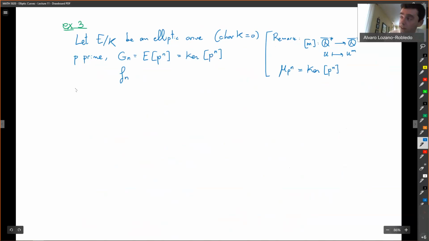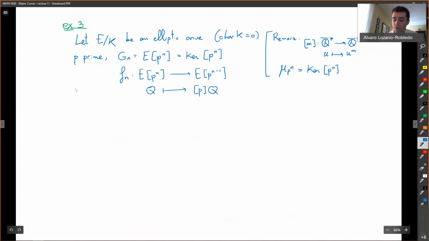So my subgroups are the p to the n torsion, and I need connecting maps from the p to the n torsion to the p to the n minus 1 torsion, and I can just do that like I did with the roots of unity. I'm just going to multiply by p.